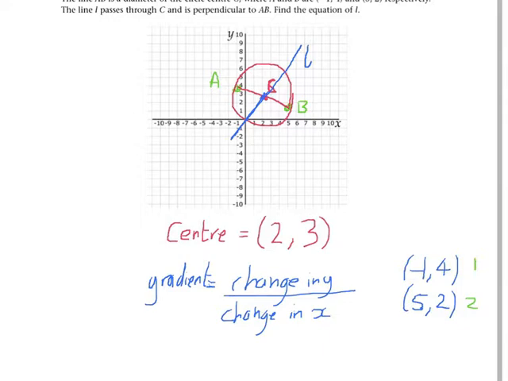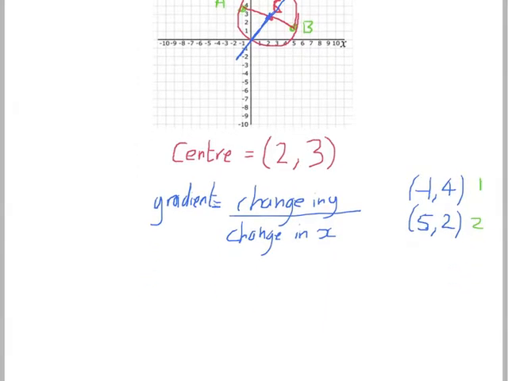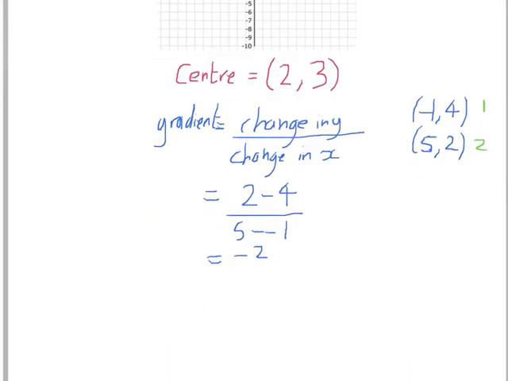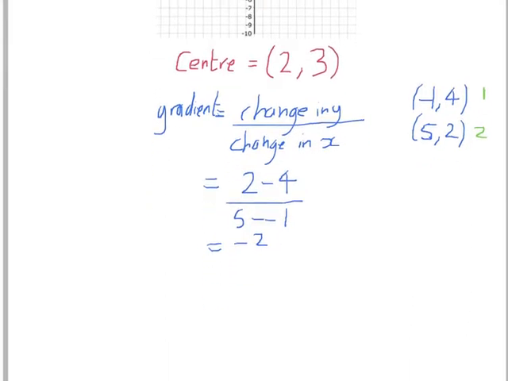So looking at the y parts first, that's 2 minus 4, and in the x parts that's going to be 5 minus 1. So that's -2, and 5 minus 1 is 6, so it's -2 over 6, which is the same as -1/3.